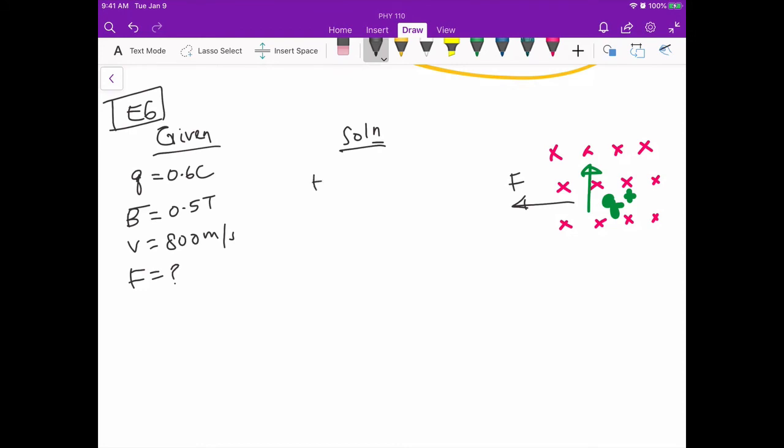That force experienced by the charged particle is calculated as QVB, where F is force, Q is charge in coulomb, and V is velocity in meter per second, 800 meter per second.